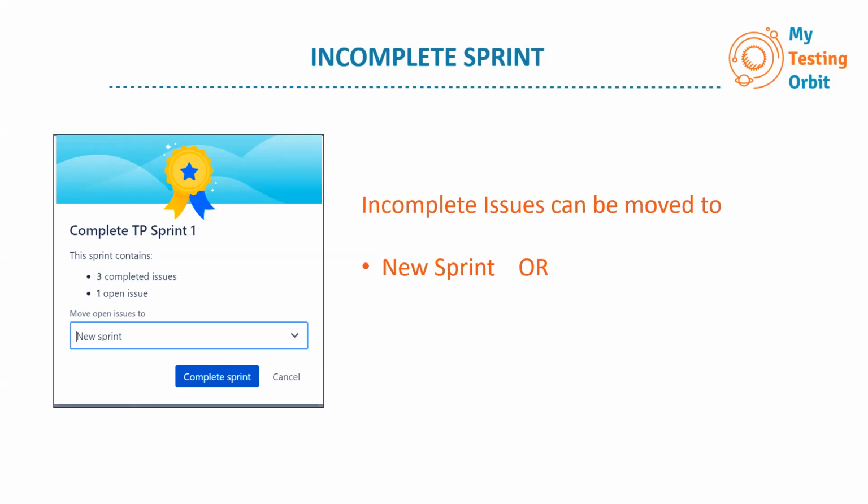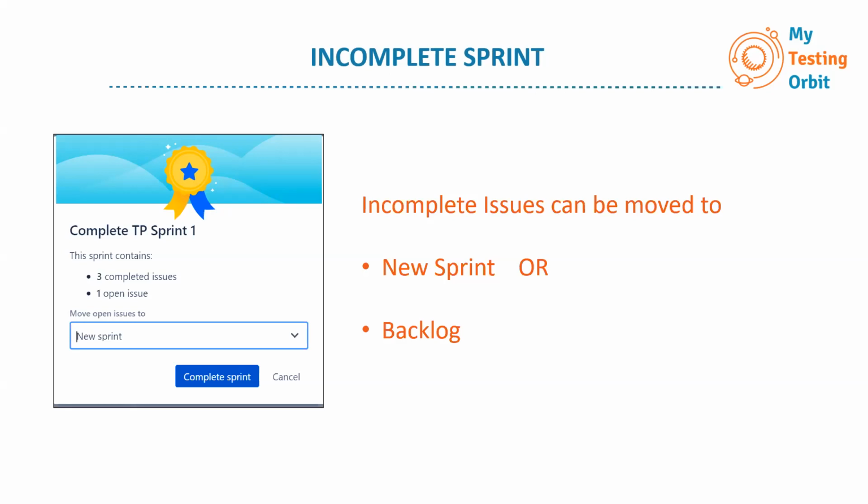Or the other option is that we move it to the product backlog. This depends on the priority of this user story. If this user story is really, really important, then it will carry over to the new sprint. And let's say we think that this is not of a high priority and the product owner doesn't want it to be part of the new sprint, then we can move it back to the product backlog.